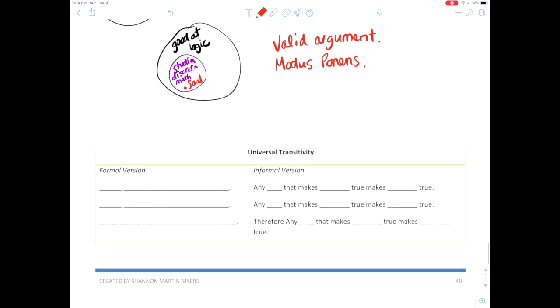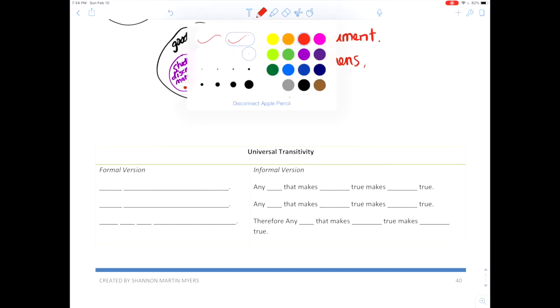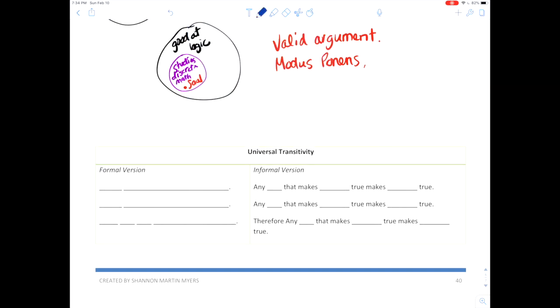All right. The very last thing we'll go over is universal transitivity. So the formal version is: for any x, P of x implies Q of x. For any x, Q of x implies R of x.